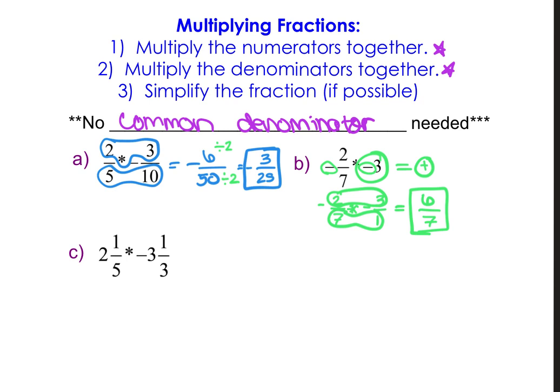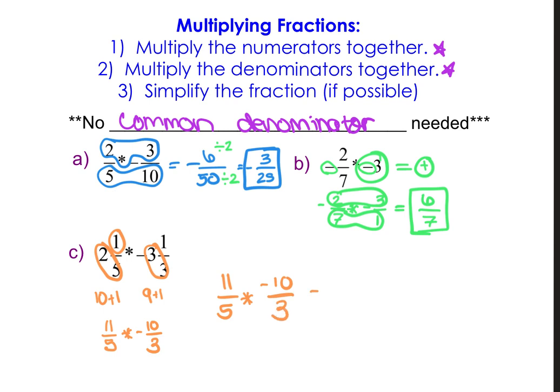Remember, we can turn this into an improper fraction by taking 2 times 5, which is 10, adding the 1 on the top, which is 11. So we have 11/5. And now we're taking 11/5 times, here we have 3 times 3, which is 9, plus 1, which is 10. So we have a -10/3.